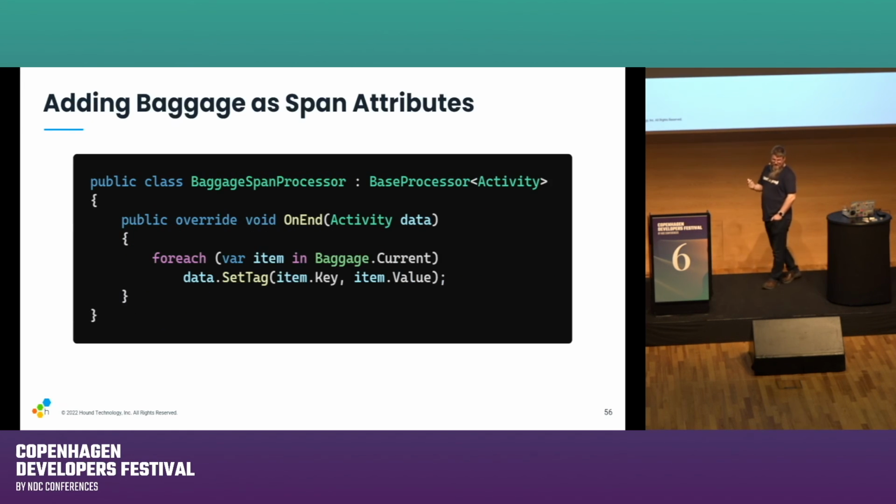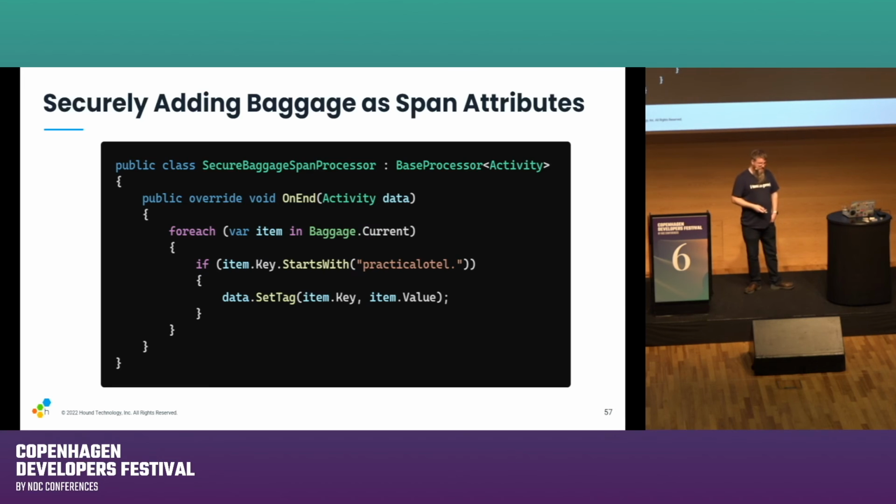However, a lot of people do this, and they write a span processor that we talked about before, so that on the end of the span, it goes to the current baggage values, just iterates over them all, and adds them as tags, which I suppose is a way to do it. Now, if you are going to do something like this, what I would suggest is at least add a filter and use a prefix on these baggage items.